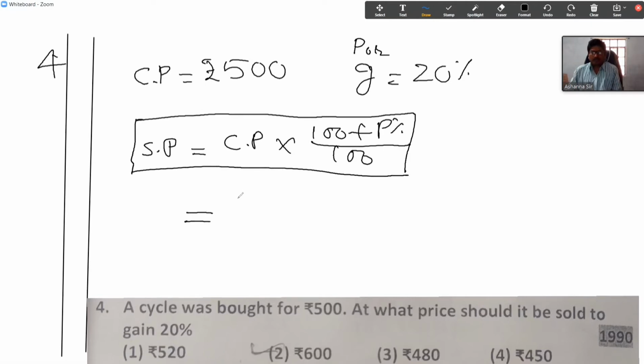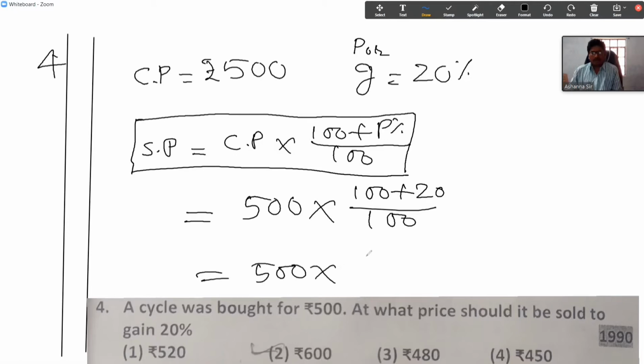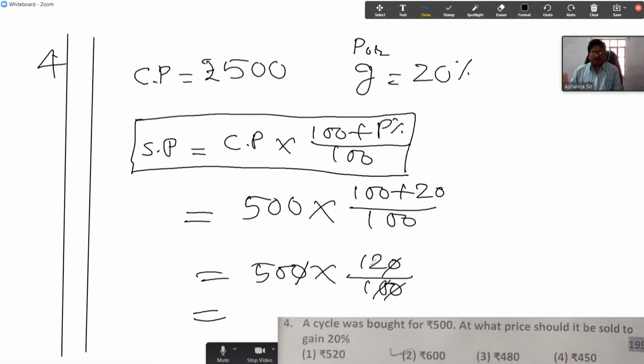So cost price 500 rupees, 100 plus profit percent 20 by 100. That is equal to 500 into 120 by 100. 12 5s are 60.